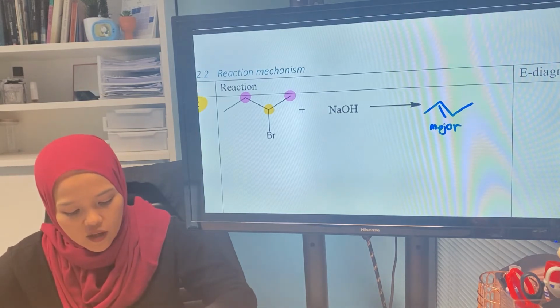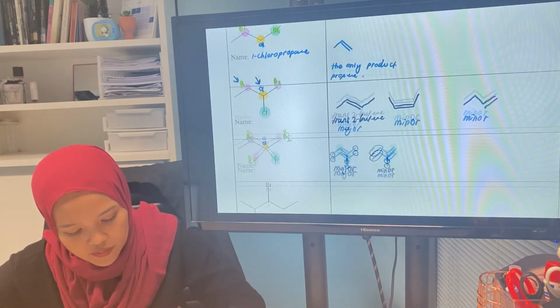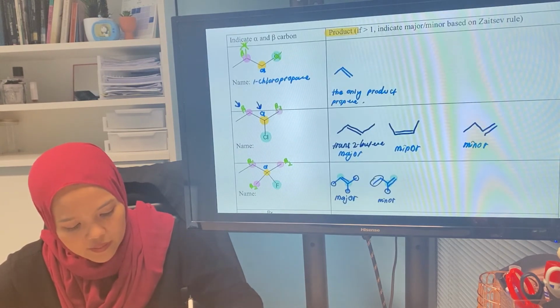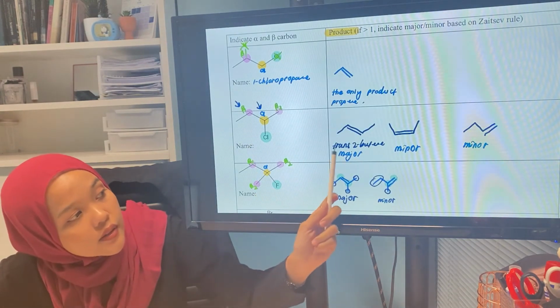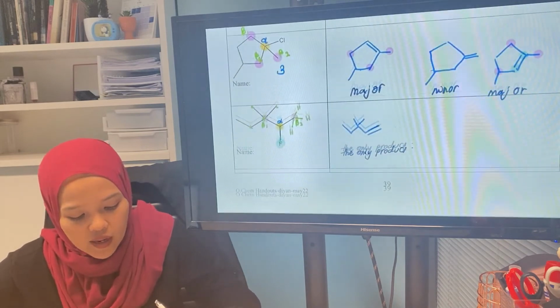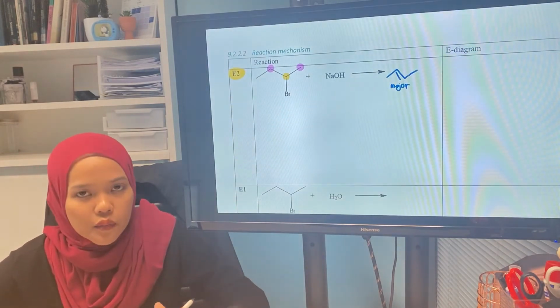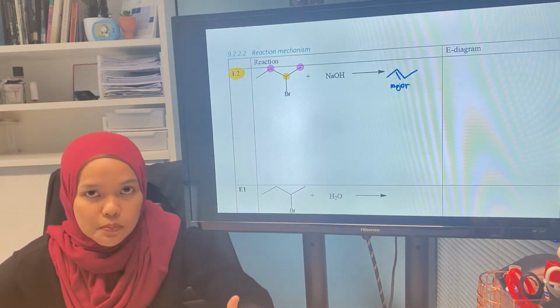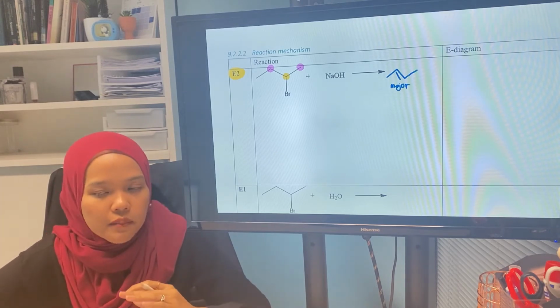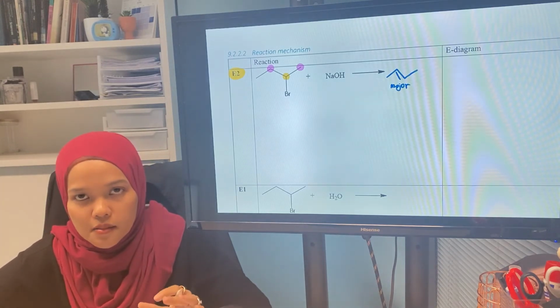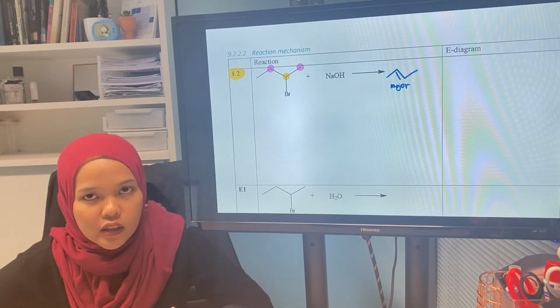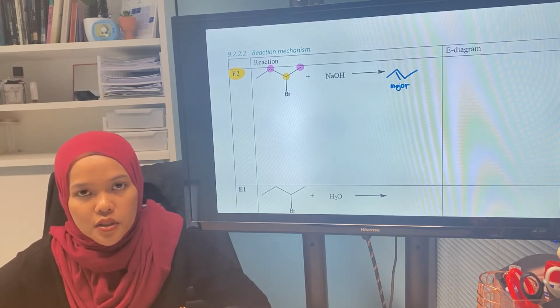Actually, for this one I have discussed with you here. It's just similar, so they are going to form. I'm not going to draw all of them. We are going to just draw the major product, because for the minor product the steps are similar. It's just that you are attacking a different beta hydrogen.